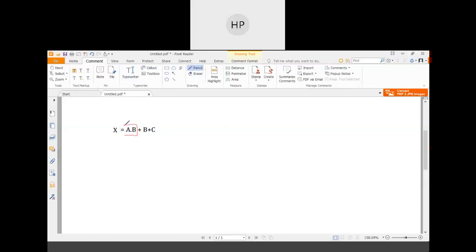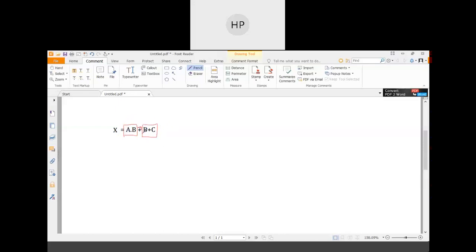You need to break this one down. First you consider the a dot b expression. Dot means an AND gate. Then we have the b plus c component. It's an OR gate.